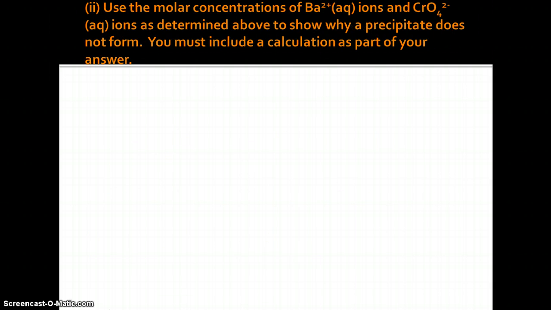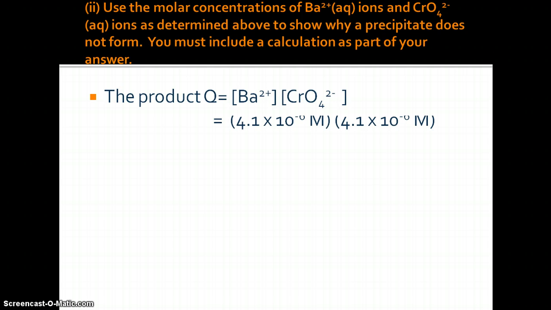2. Use the molar concentrations of Ba2+ ions and chromate ions as determined above to show why a precipitate does not form. You must include a calculation as part of your answer. The product Q equals the concentration of Ba2+ times the concentration of chromate. This is the same as if it was a Ksp expression.